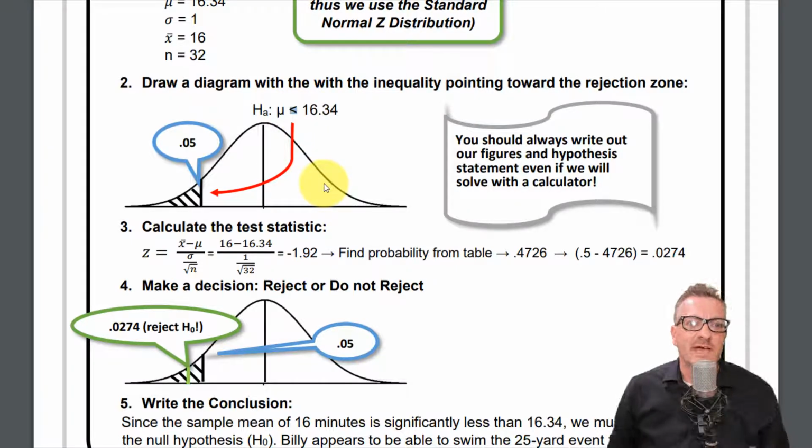So in this case, we have to do subtraction to make this work. The other way you can do this problem is to take this right here, add it to the 0.5, which we did in the older continuous probability distribution problems. So you would take the 0.4726, add it to 0.5, and then subtract the whole thing from 1. And we get the same answer. We're just working with half of it.